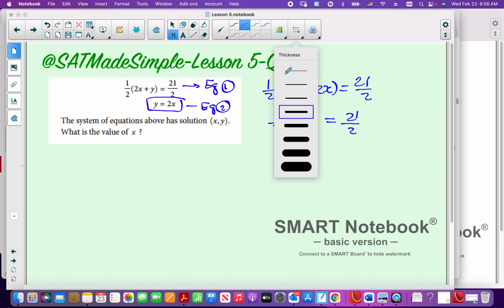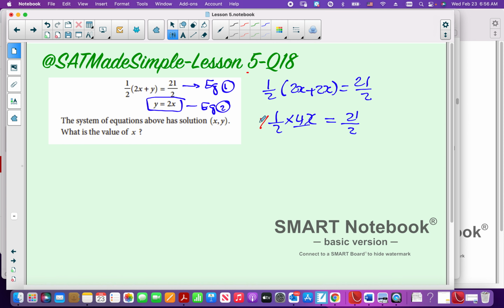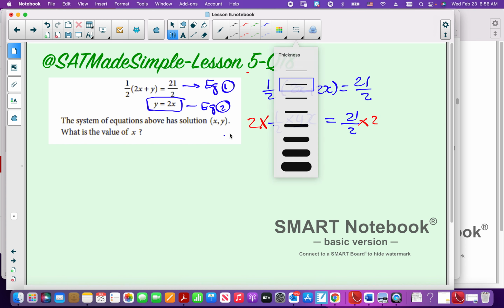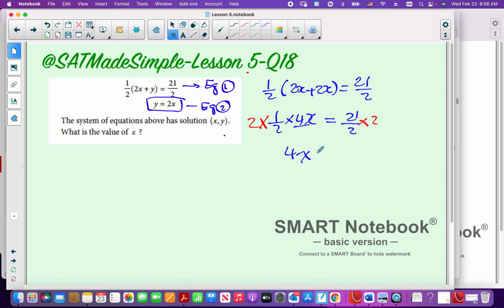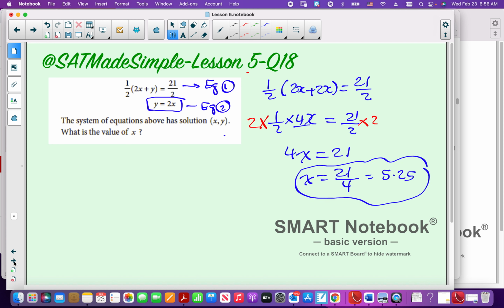Multiply both sides by 2. So that will render the left hand side to be 4x equal to 21. x is equal to 21/4. You can read it as a fraction or as a decimal, that is 5 1/4, 5.25. And that is the final answer.